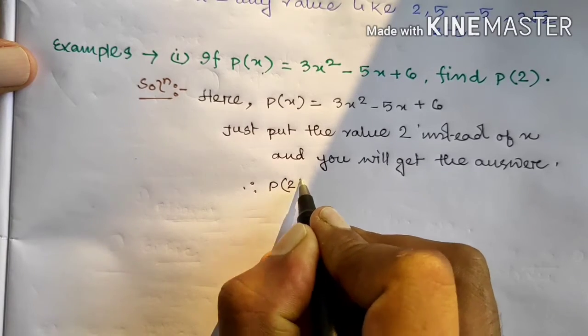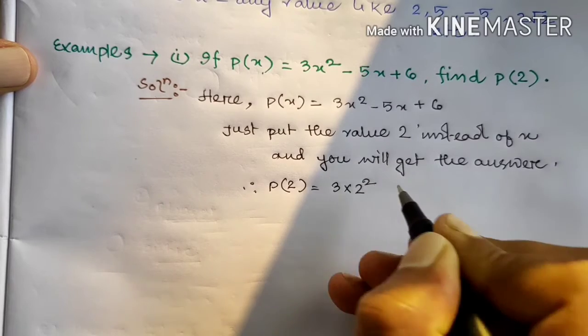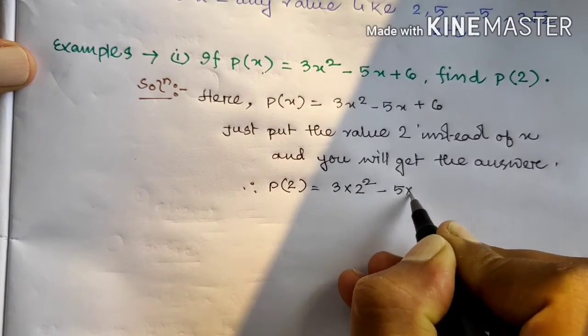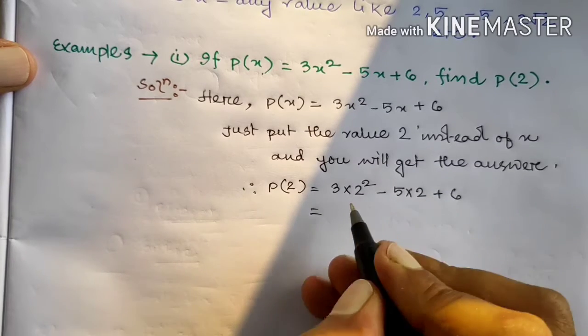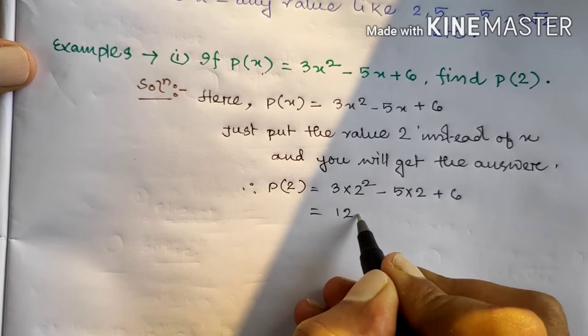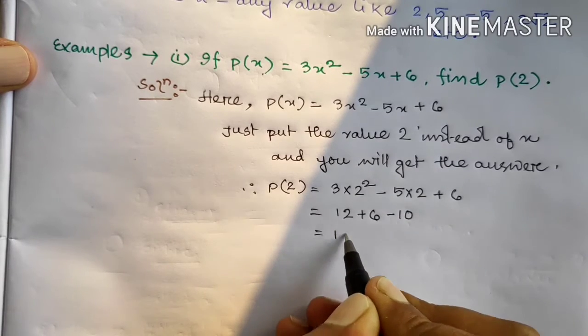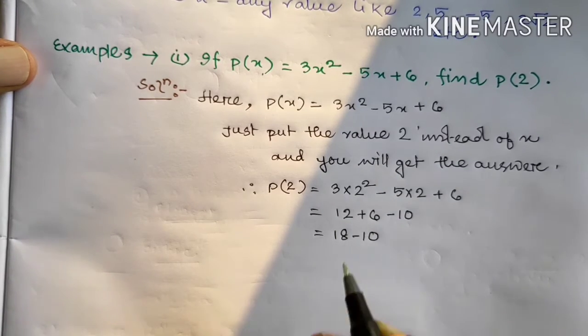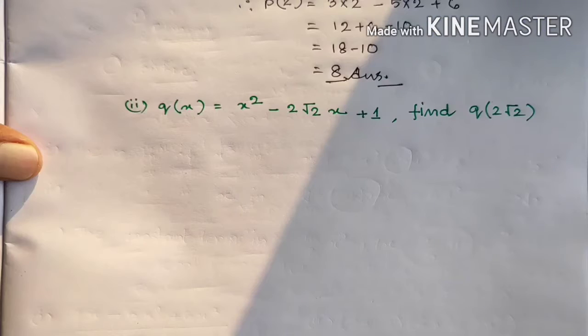Therefore p of 2 equal to 3 into 2 square minus 5 into 2 plus 6 equal to 3 into 4 plus 6 minus 10 equal to 12 plus 6 minus 10 equal to 18 minus 10 equal to 8. Therefore p of 2 equal to 8.